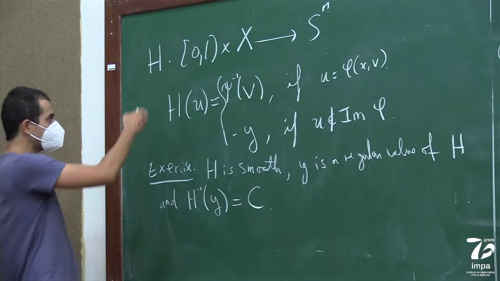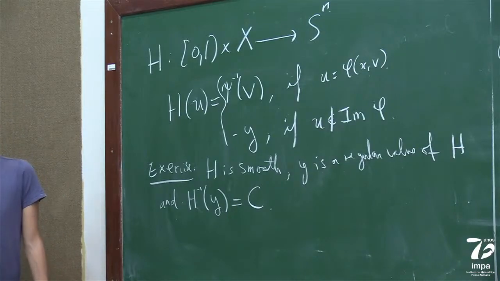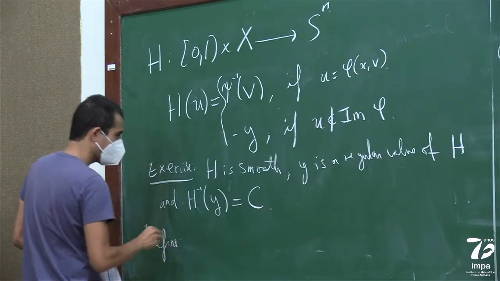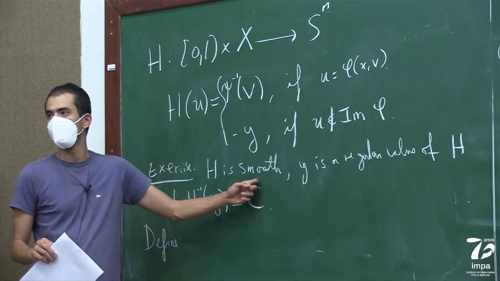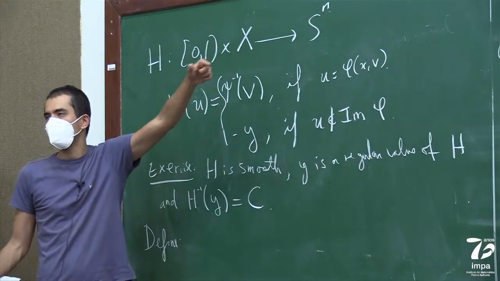Now, if you restrict H to the boundary, then you have two functions from X to Sn. And those are the two functions that I'm going to call f tilde and g tilde. So these are not very hard. Maybe the smoothness is the most subtle one, to see that on this actual boundary, when you reach minus y, they have a smooth function.